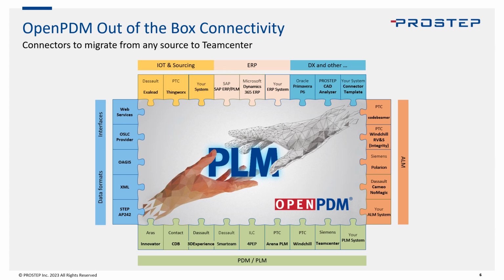But we can also use the experience and modernize those connectors within the migration projects when you're moving from those old technologies to the new ones. You see ALM systems on the right-hand side, mostly used for integration purposes.